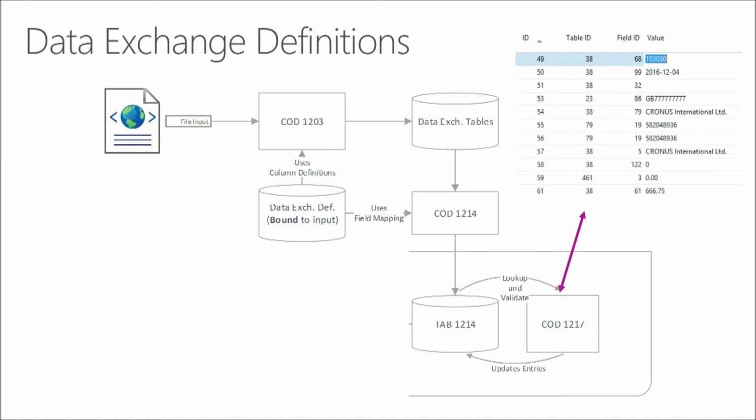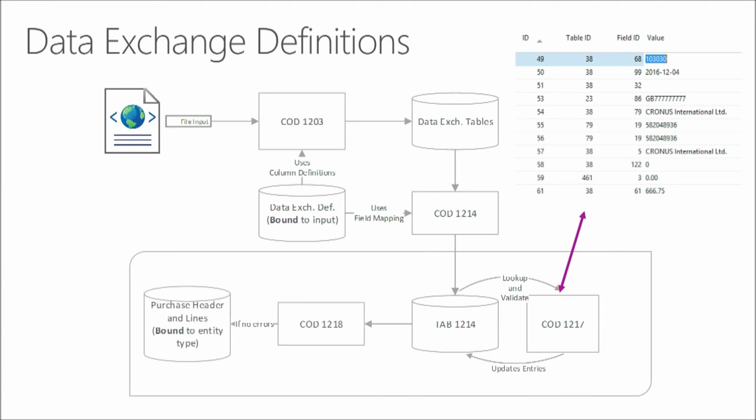So it will identify what's the customer number, the item number, and so on. And then the last step, we use codeunit 1218 to pull this data from this table and push it into the actual entities, the purchase header and purchase lines, as per my example. These codeunits 1218 and 1217 are pretty bound to the actual result, so to the purchase header and lines.